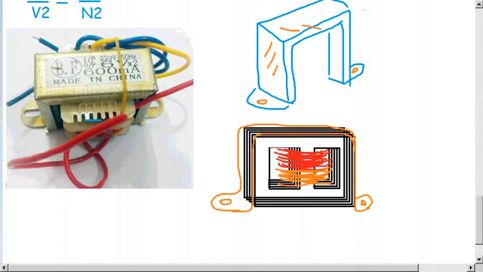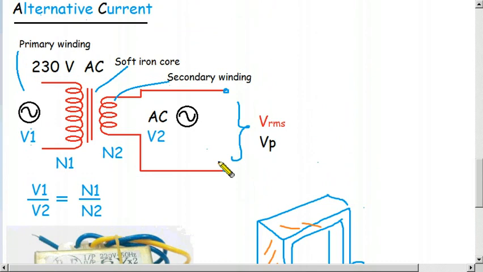There are then two wires coming out from this primary winding, and also two wires coming out from this secondary winding. Sometimes they take three wires from this secondary winding, one connected to the center of the coil. There are then three wires.